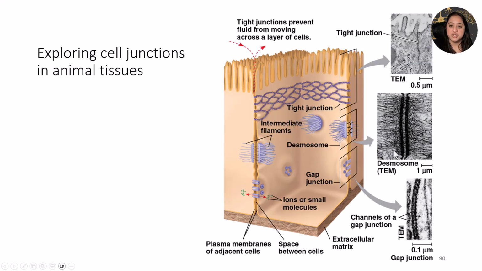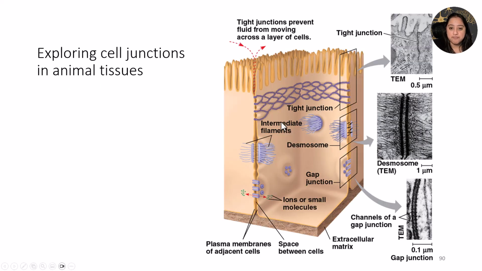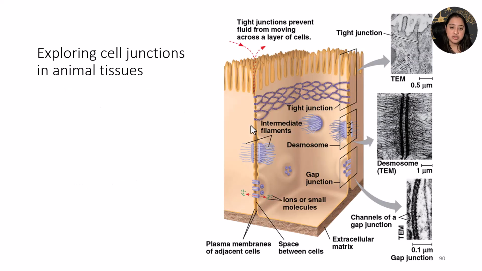And so here's a picture of the different kinds. So tight junctions, the membranes are kind of pressed together. Desmosomes or anchoring junctions help fasten the cells together. So here, there are filaments that stick out and they anchor these two cells together so they form like a sheet.